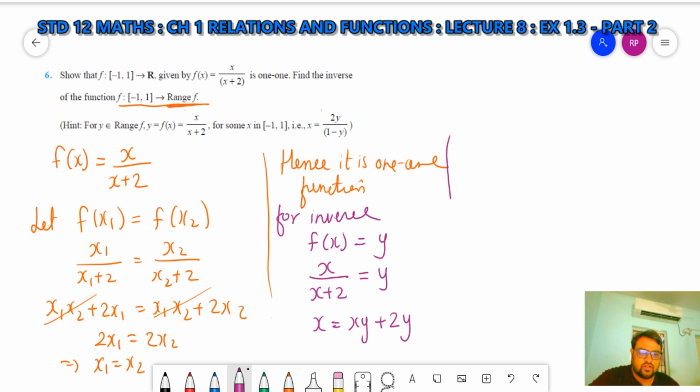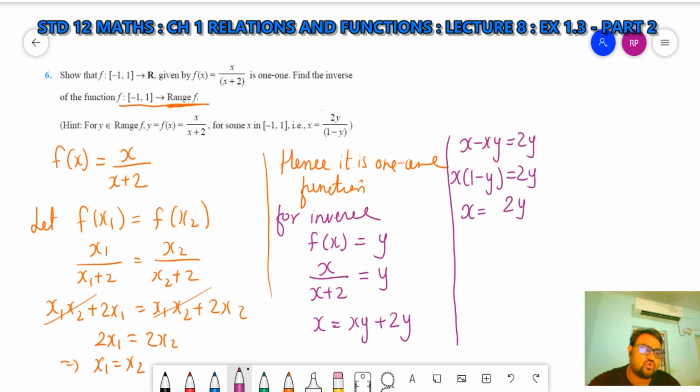Carrying it forward, x minus xy equals 2y. Taking x common, x(1 minus y) equals 2y.